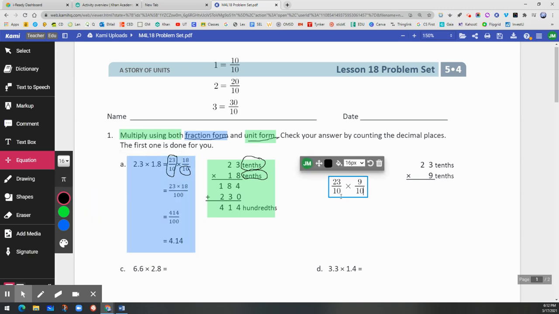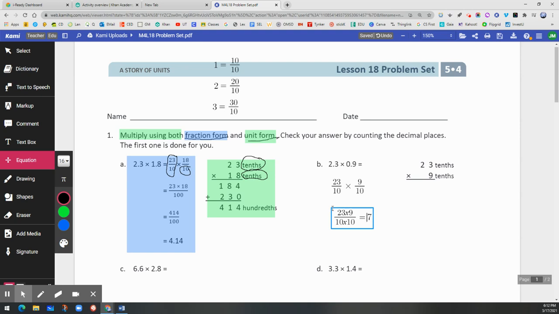Once we do that, here's what we do. We have to multiply them. So let's redo that multiplication on the top. It's going to be 23 times 9 over 10 times 10. Okay, and that's going to give us the answer. So 9 times 3 equals 27.